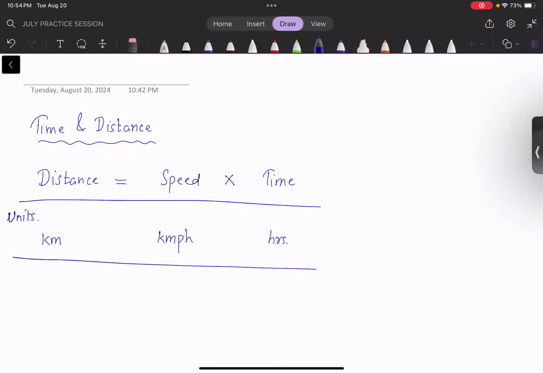Another set of units: if distance is in meters, speed will be in meters per second, and time in seconds. Don't make a mismatch. It should not be distance in kilometers, speed in meters per second, time in hours. Understood this point? Very simple.